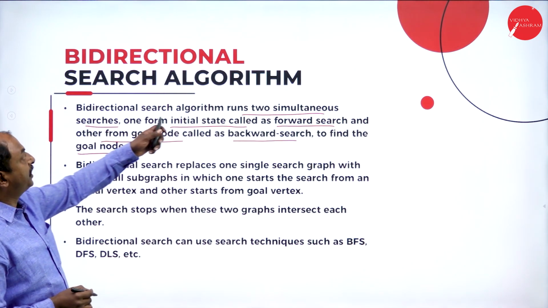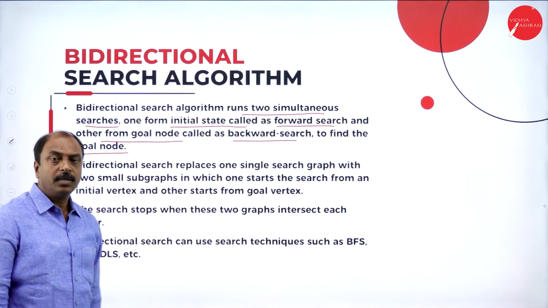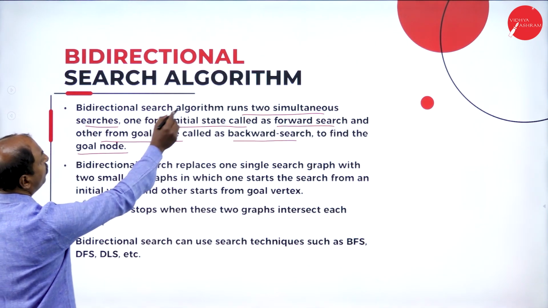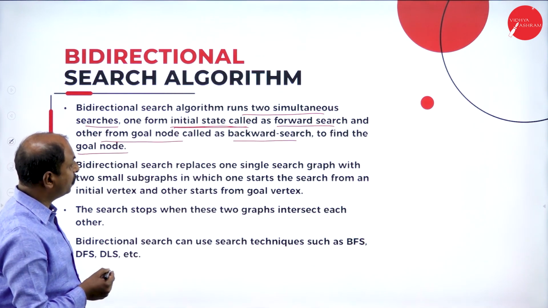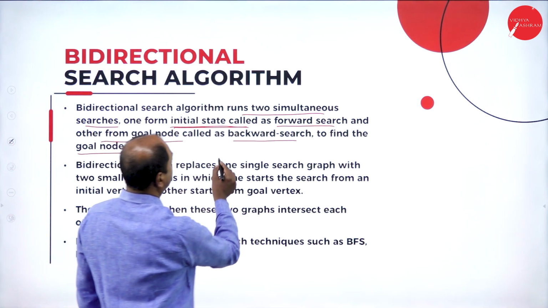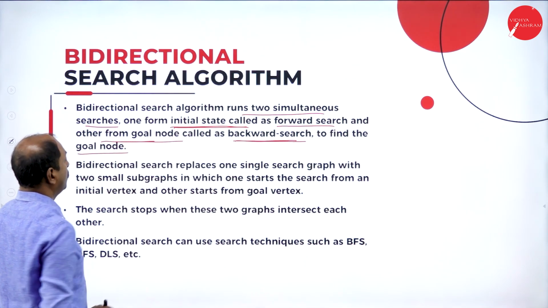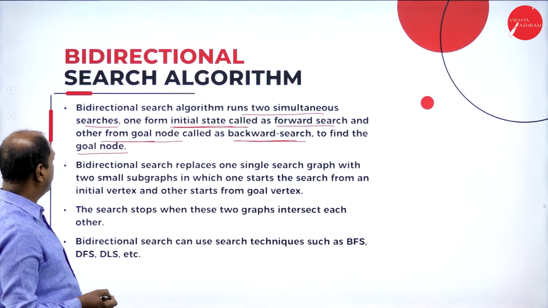As the name says, it searches for the goal node in two simultaneous directions, one starting from the start node and another, called a backward search, from the goal node. That's why it is called the bidirectional search algorithm.